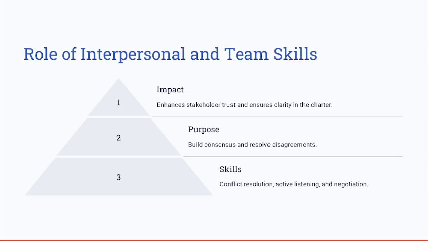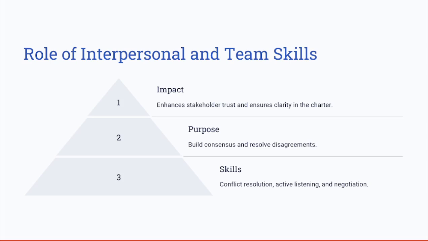What exactly are the interpersonal and team skills and their role? As we highlighted before, strong interpersonal and team skills are very important in project charter development. Effective communication and conflict resolution build consensus and foster trust, ensuring that all of the stakeholders are aligned.